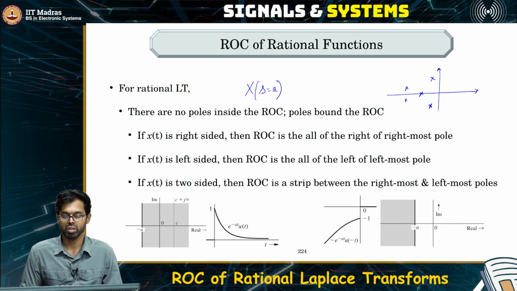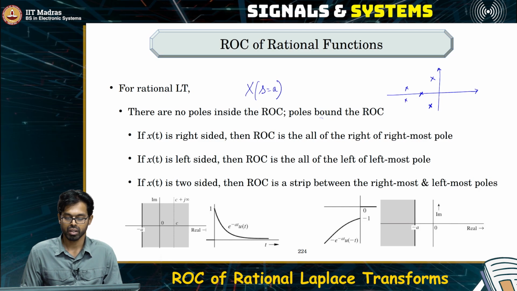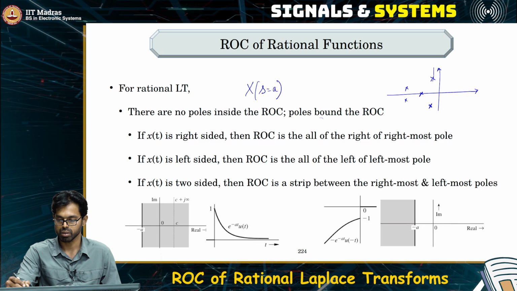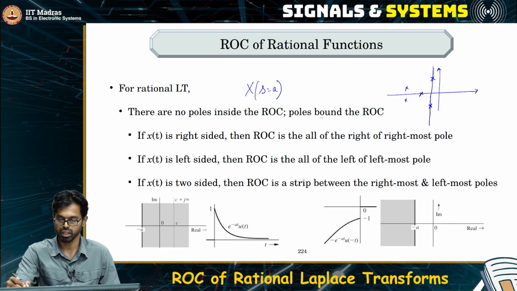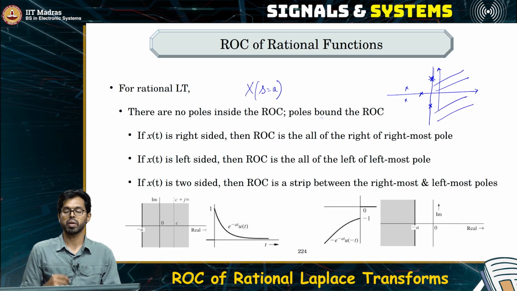Now, where would the ROC exist for this signal? The ROC is going to be to the right of the rightmost pole. So this is the rightmost pole.